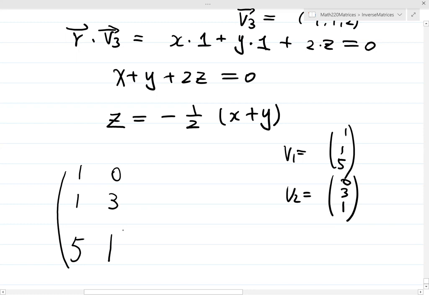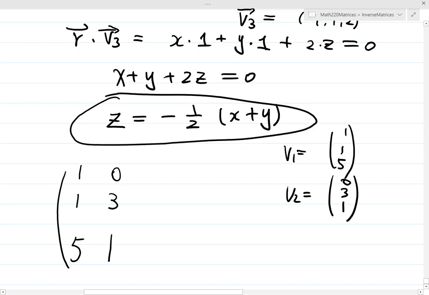Now the Z component is determined by negative 1/2 times X plus Y. Look at the first row: X is 1, the second entry Y is 0, so Z is negative 1/2 times 1 plus 0, which is negative 1/2.